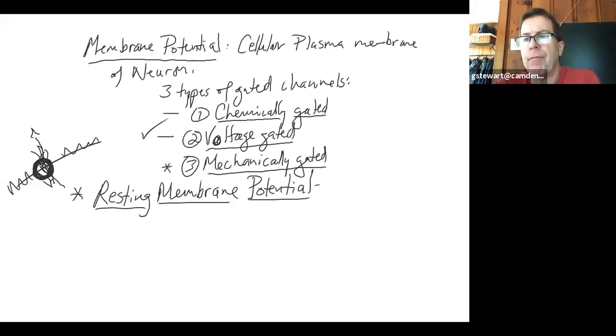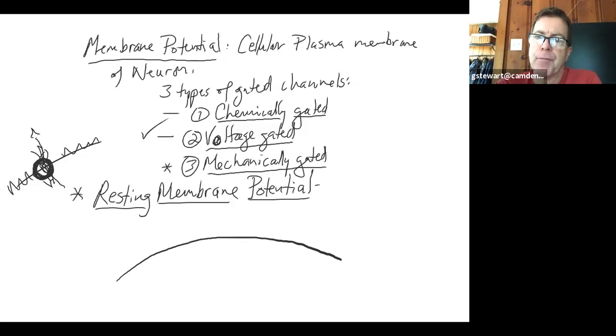So, if this is the membrane of a cell and it's at rest, the first thing we're going to establish is there's a difference in the environment outside of the cell from inside of the cell. Okay? What creates that difference is ion concentration is different out here than it is in here.